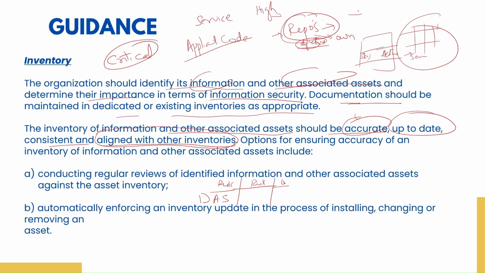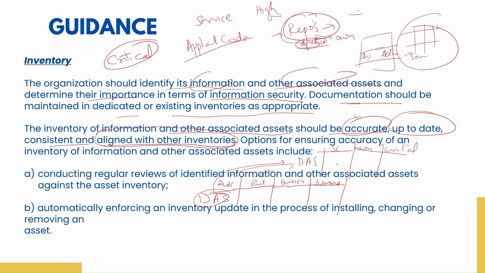Now you'll put the risk owner and the name of the database server. In your asset list also, this database server should be there, and it should have the same serial number, the same owner, and the same criticality, the importance.